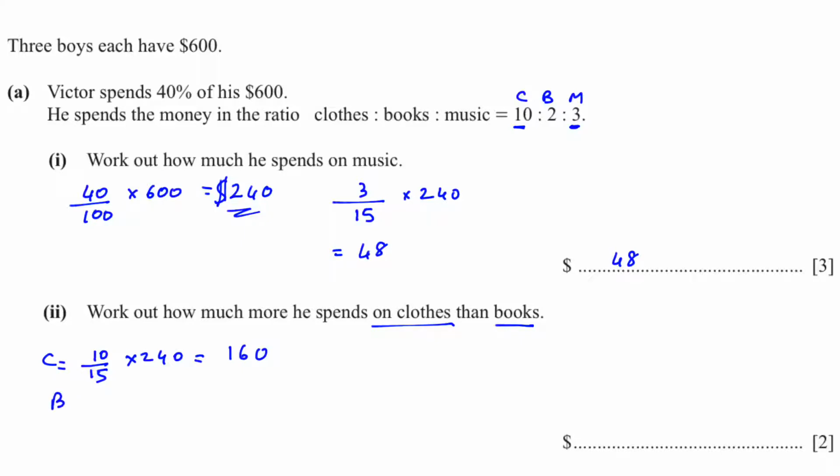And books is 2 over 15 of 240, which is 32. Let's find the difference between the two. 160 minus 32 is $128. So that's your difference.